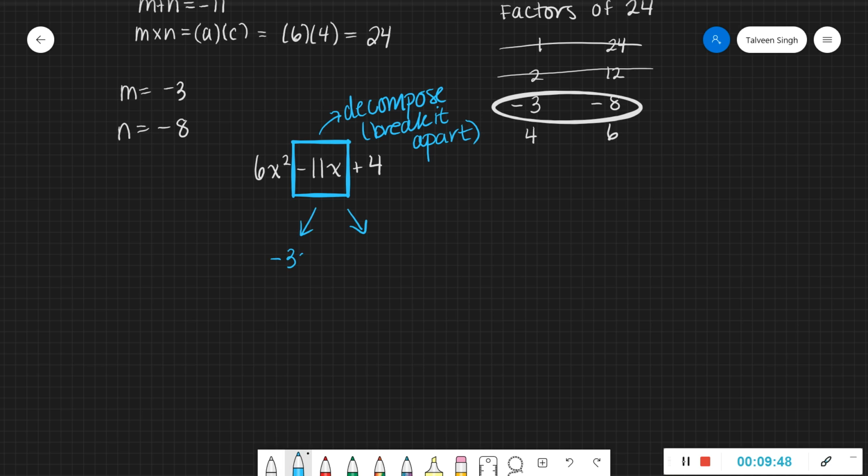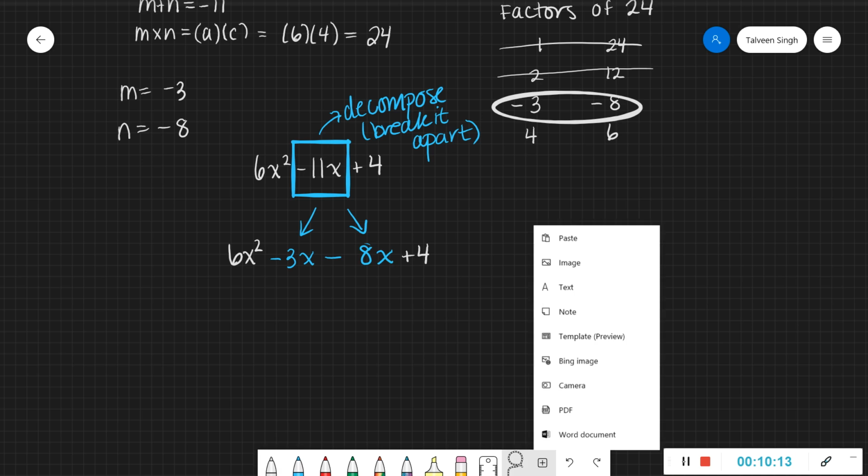I'm going to put -3x minus 8x. It's the same thing as saying plus negative 8x. I just skipped that step and put the minus in right away. And then I'm just going to write in the other part of my equation. So the 6x squared minus 3x minus 8x plus 4.